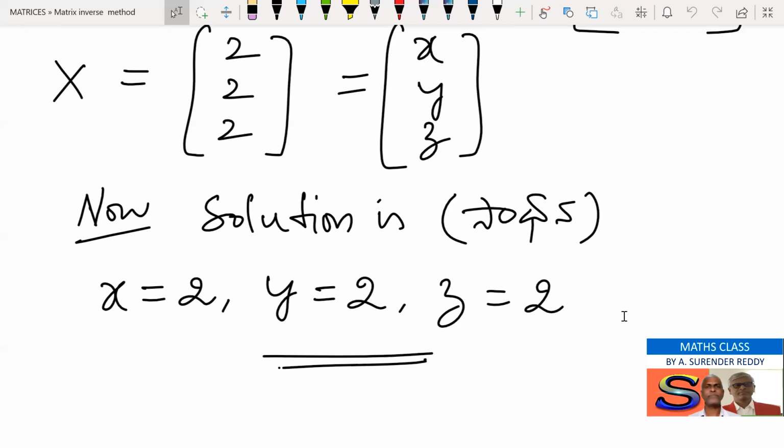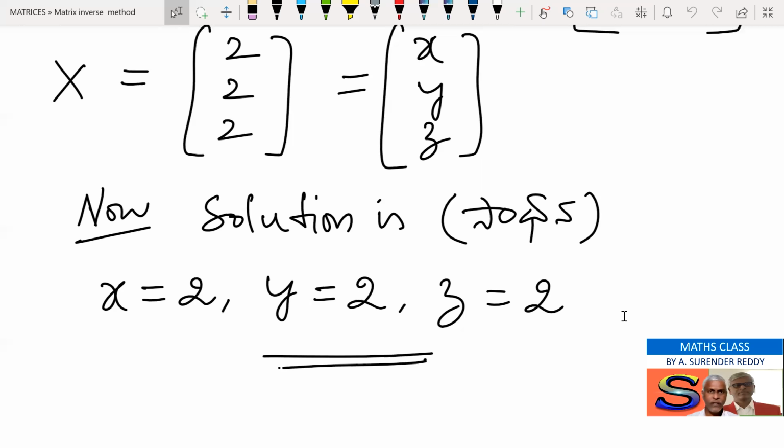It is not valid. So you should be able to find the solution in all the three methods which are there at intermediate level.